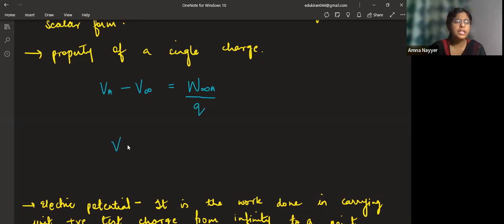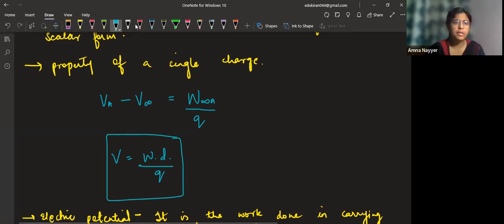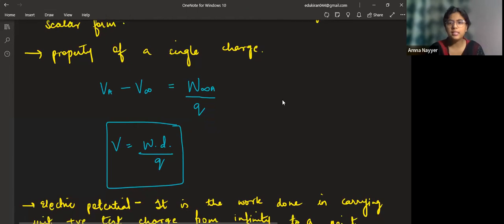So we take the potential as work done divided by charge. Had it been potential energy, there wouldn't have been anything in the denominator. It would have been directly equal to work done. So potential, this is the formula that we use. So if I make this q as +1 coulomb, can anyone tell me what will be left in this formula if q is +1?